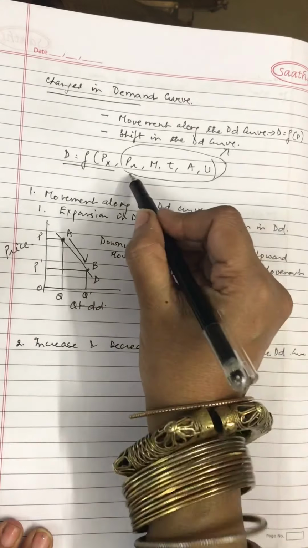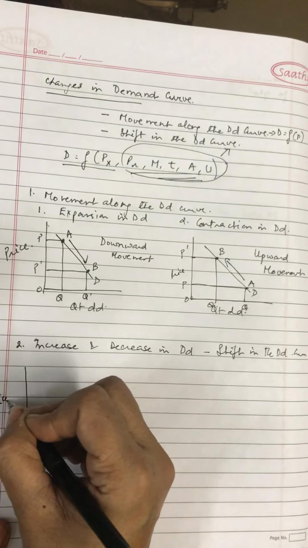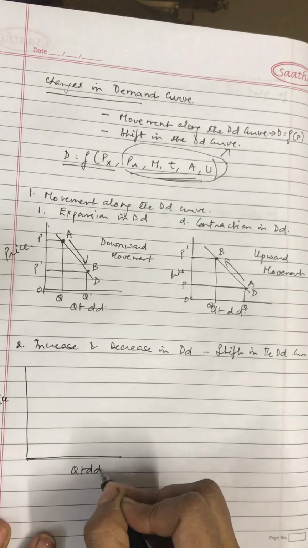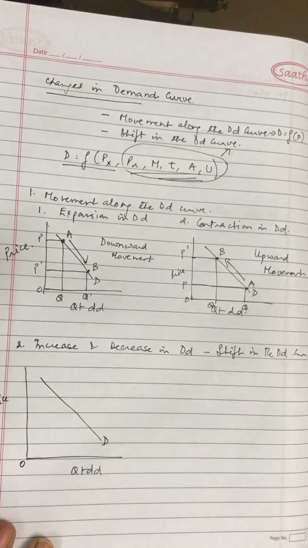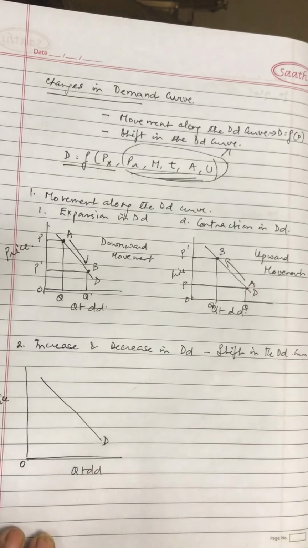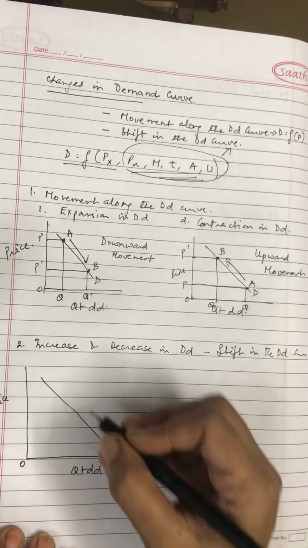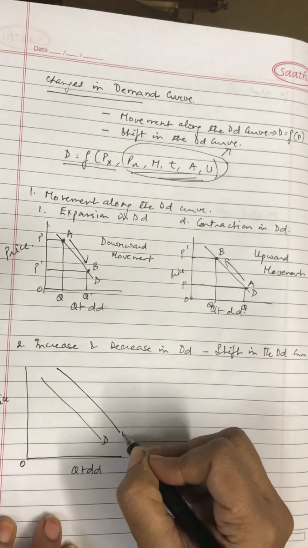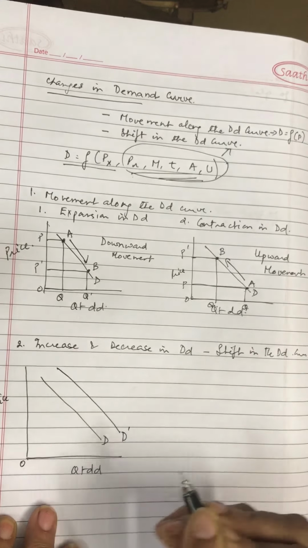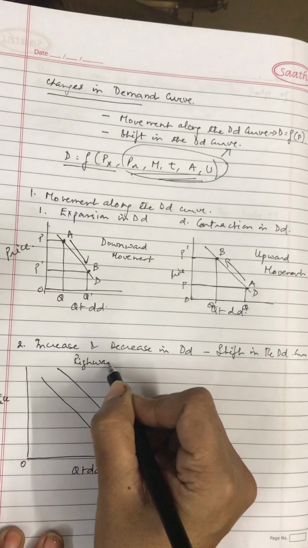Now in this case, again we will take the same case, that suppose this is your price and this is your quantity demanded. So we have the original demand curve as D. Now, because the price of substitutes has changed or the income has changed, what has happened is the demand has increased. When we say an increase, we say the line shifts towards the right. Always a rightward movement shows an increase. So the curve is shifting rightwards.